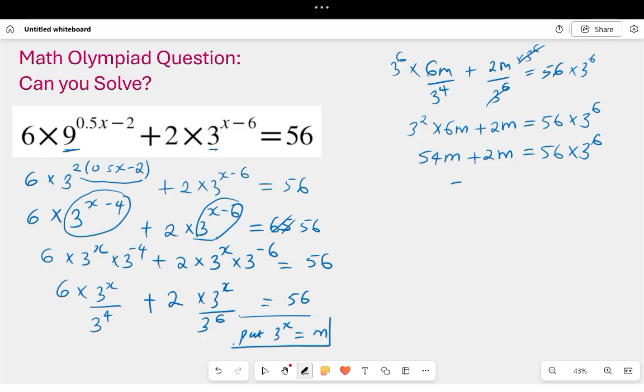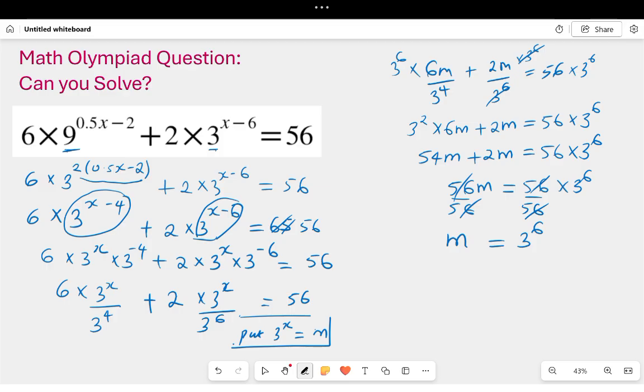54m plus 2m is equal to 56m, equal to 56 times 3 to power 6. Now we can divide by 56 on both sides. Okay, now m will be equal to 3 to power 6.